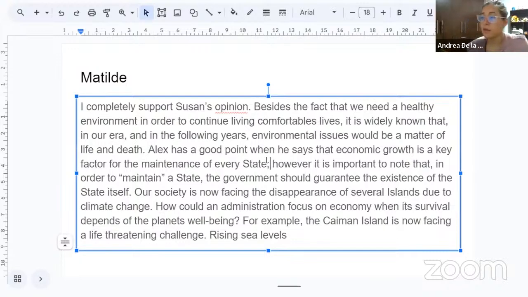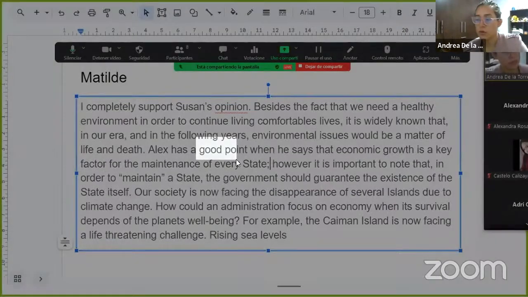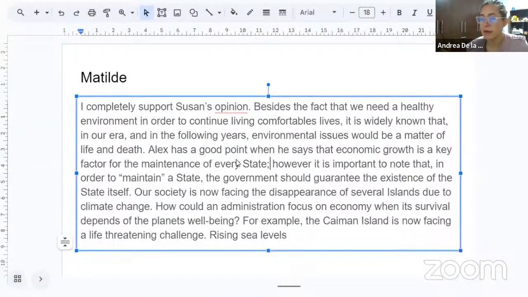Now, depending on whether the ideas are too different or maybe they're related, right? If they are related, then you could use a semicolon because that's a smaller separation. And if they're not too related, then it's better to use a period so that you create a bigger gap between the two of them. And after every transition, you gotta use a comma.